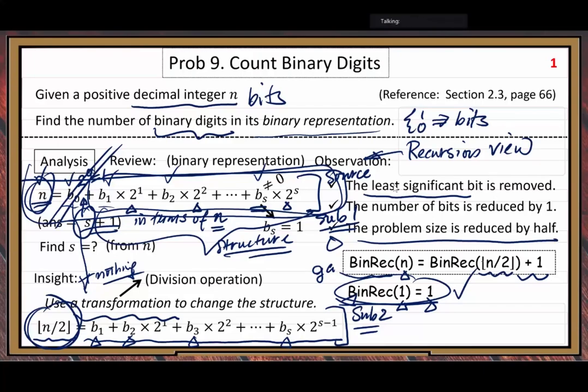Otherwise, your recursion is baseless. No base is baseless. You cannot get anywhere. So the base case is important.